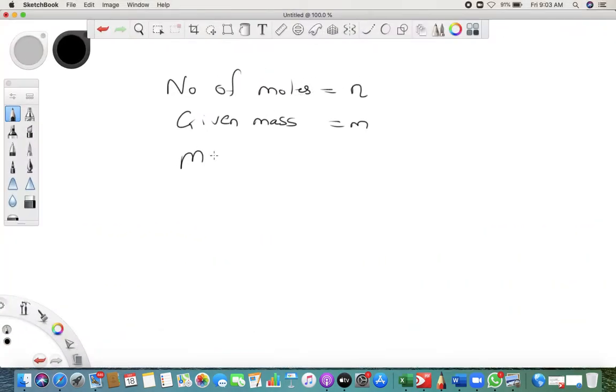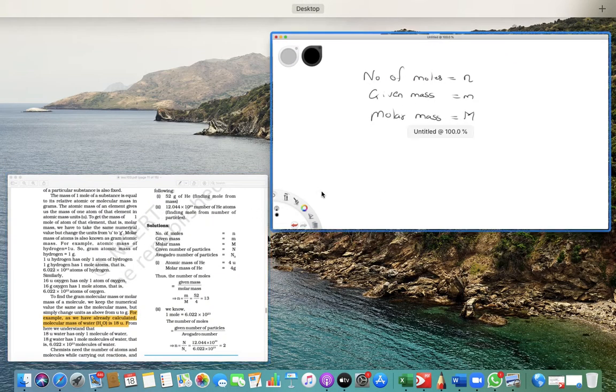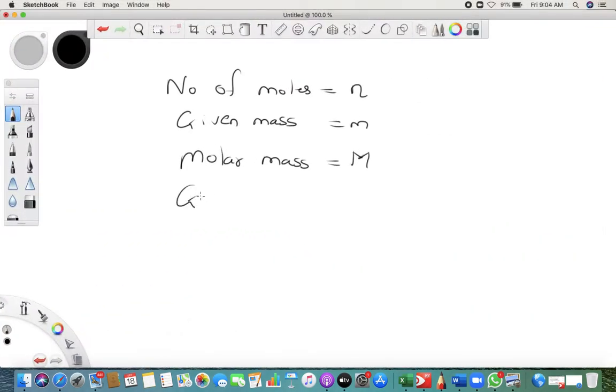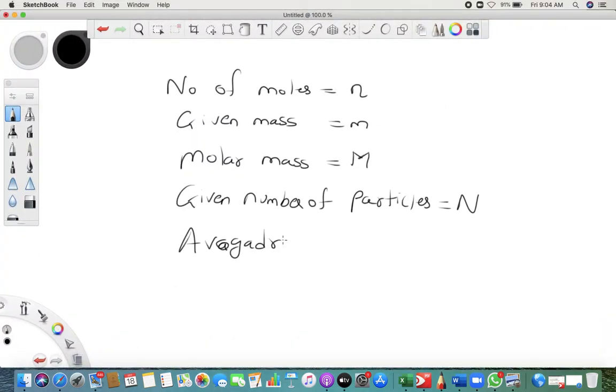Molar mass, we are going to use capital M. Given number of particles, we use capital N, and Avogadro's number we use N0.